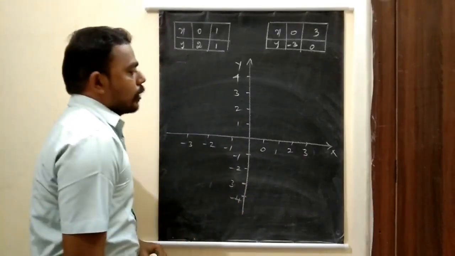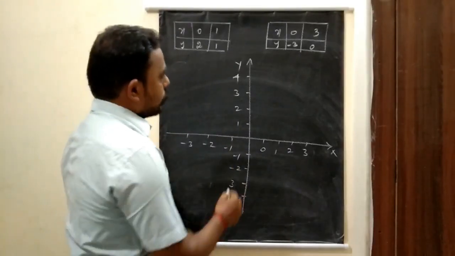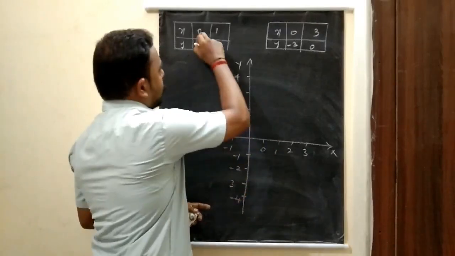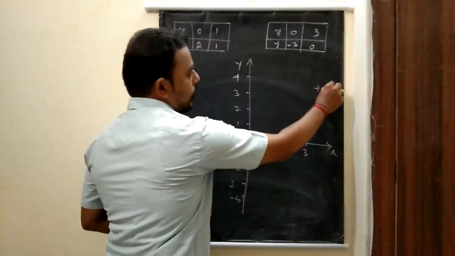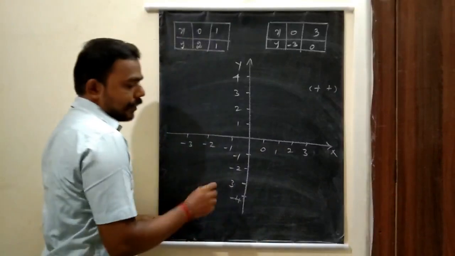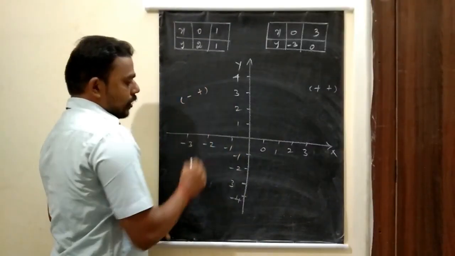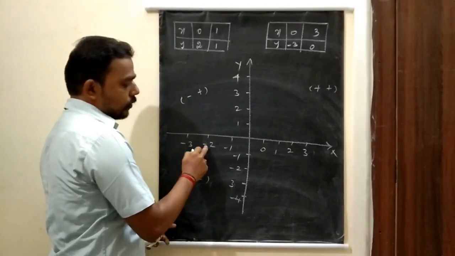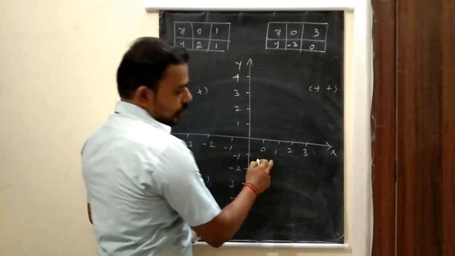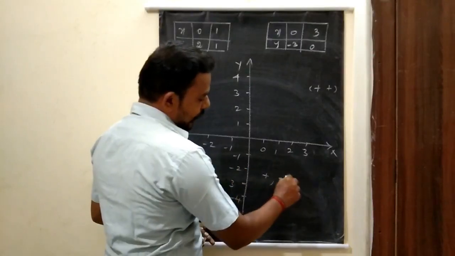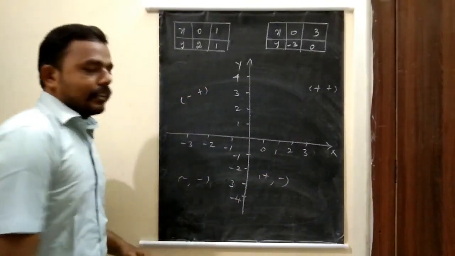Now think about the quadrants: x positive and y positive is the positive point you already know. X negative, y positive. Both negative. X positive, y negative. Like that we need to analyze.